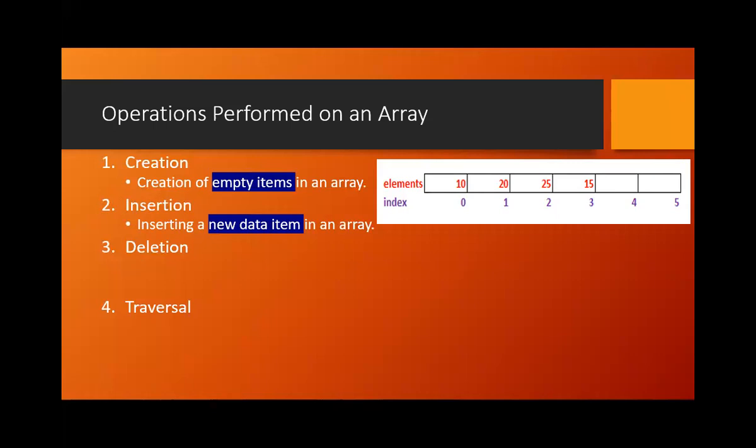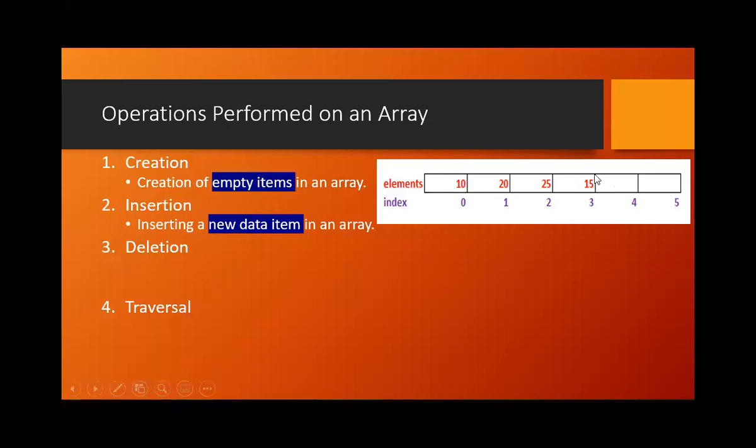Now here the deletion operation can be performed in 2 different approaches or methods. Pay attention here. Deletion means removing an element. The first one is that we can delete an element directly.